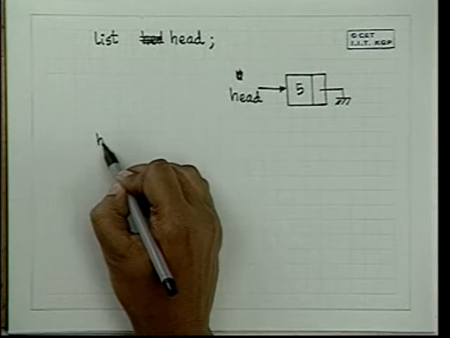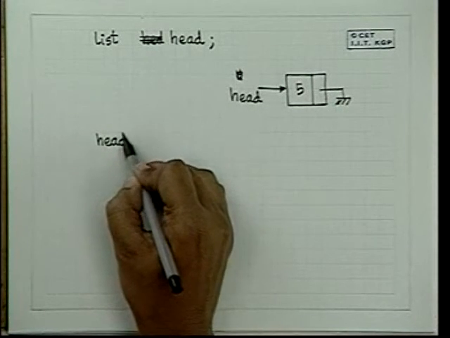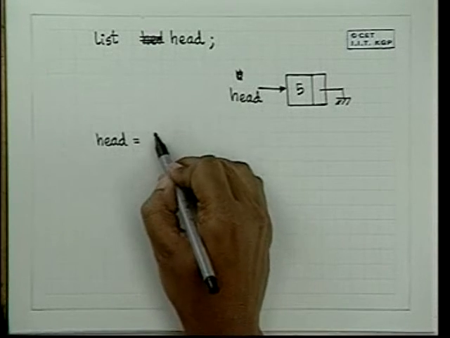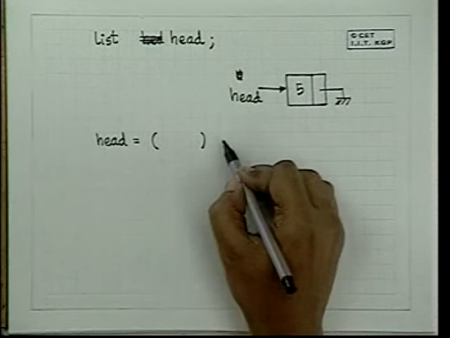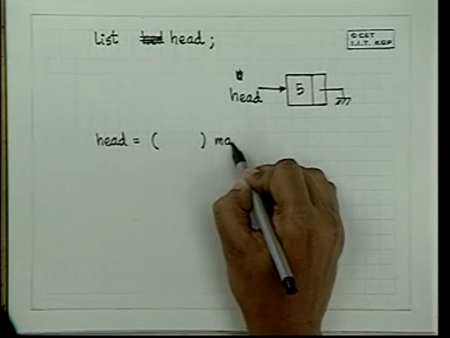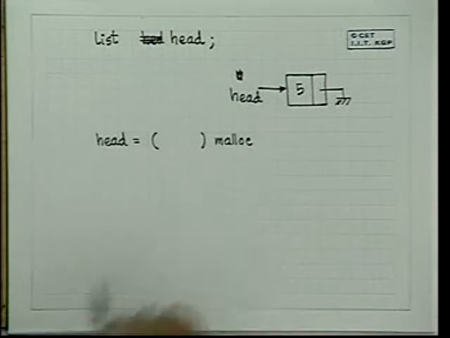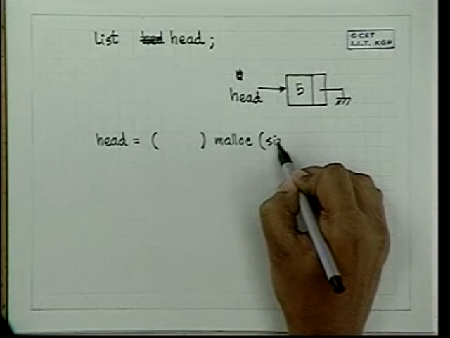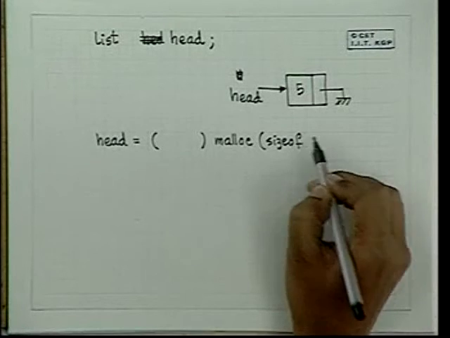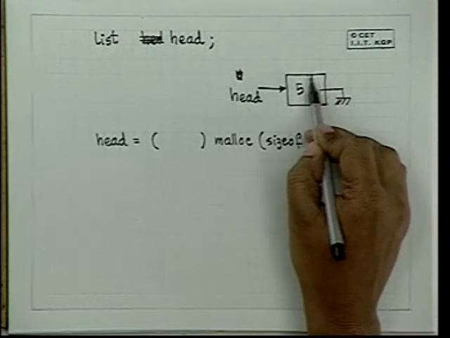So for that we will have to say head is equal to malloc size of, we are going to allocate one node of this size, isn't it?